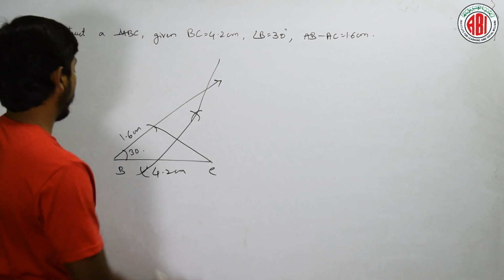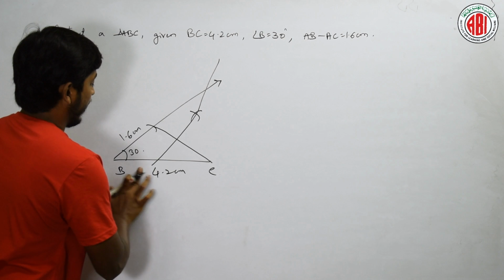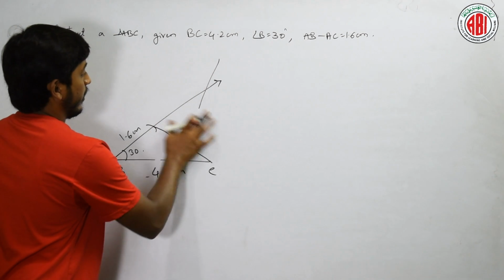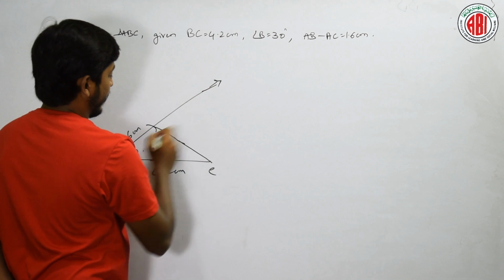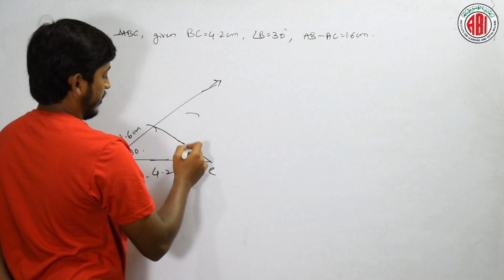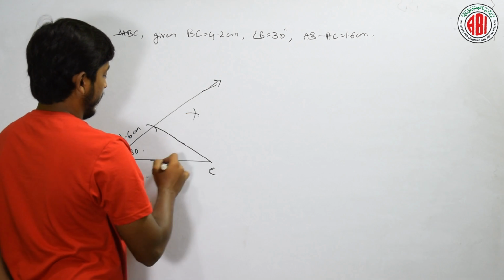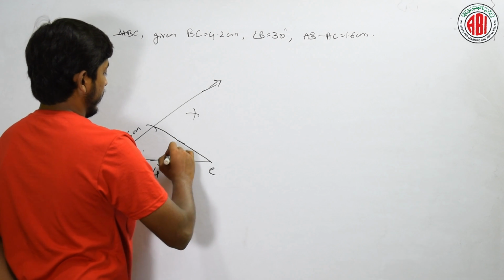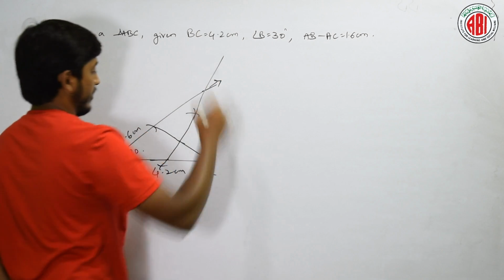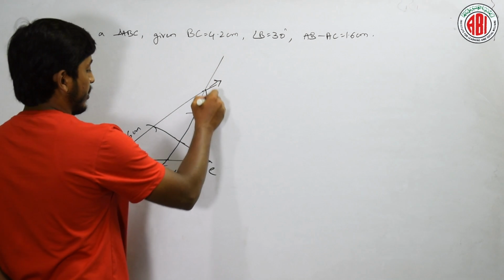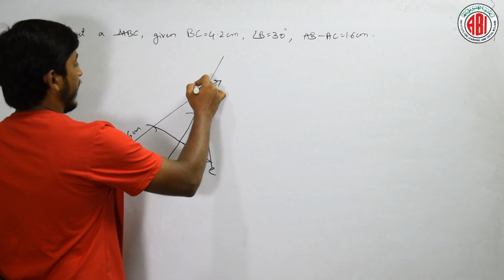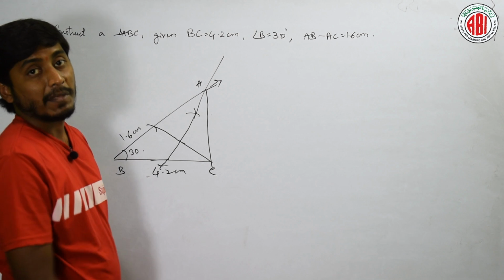Okay. Let me do it correctly. Here the perpendicular bisector of this here, okay, and here this line joins this ray. Okay. From this point you can join this. This will be my A. Okay.